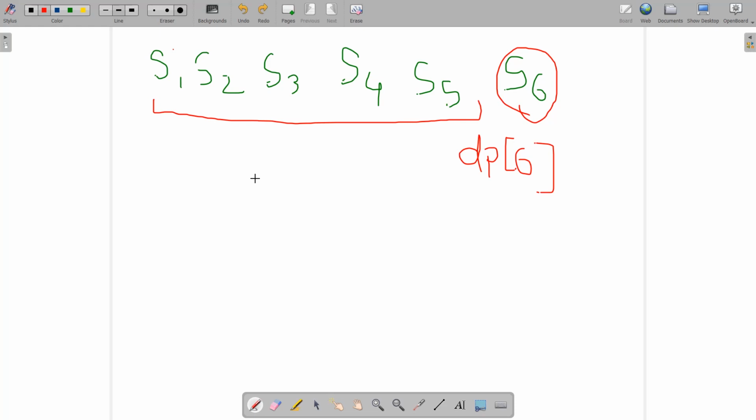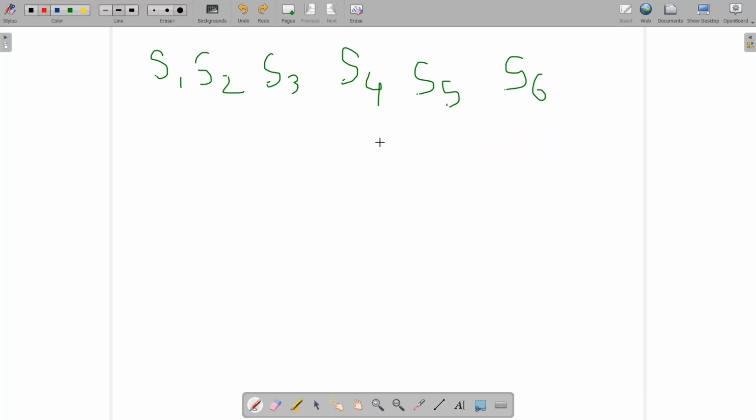The approach is that I need to include this character. So for including this character, the partitioning can be at this point. If I am doing the partitioning at this point, note that a string containing a single character is always a palindrome.